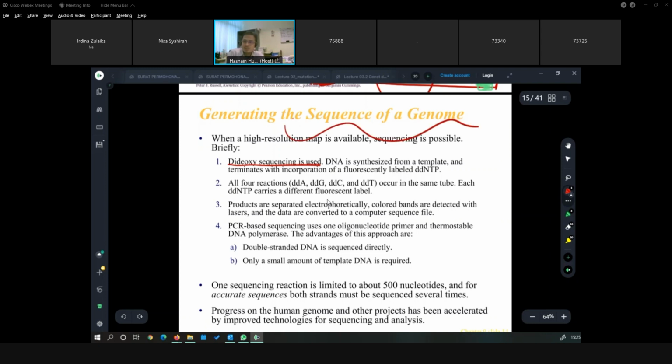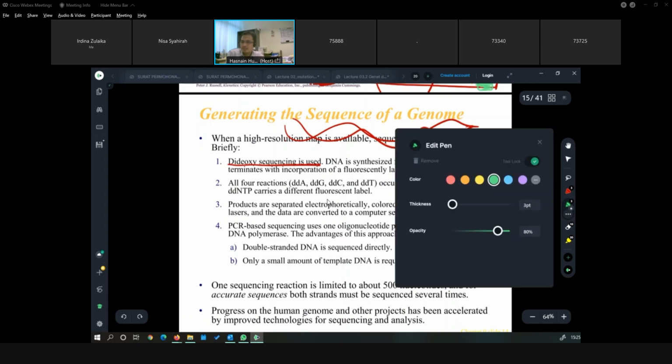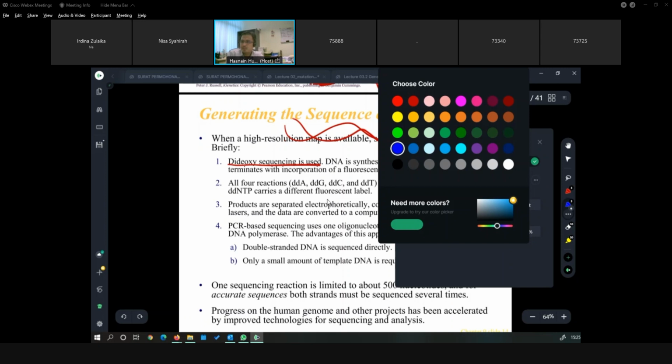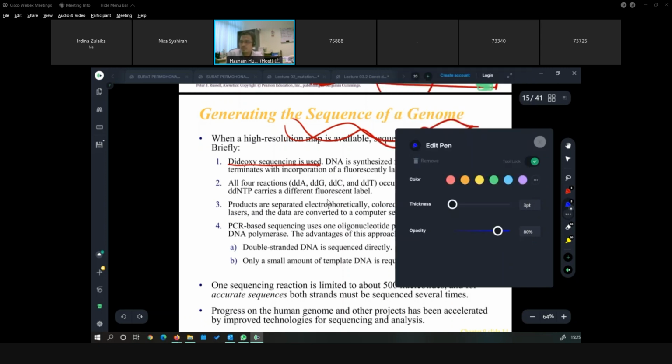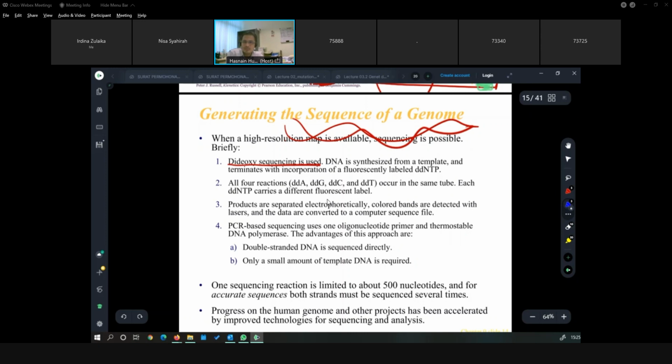Okay, now we go into more detail. This is actually from the clone just now. I don't want to use the red color, I want to use the blue one. So this is a clone, isn't it? The BAC or YAC clone. This is the DNA on it.